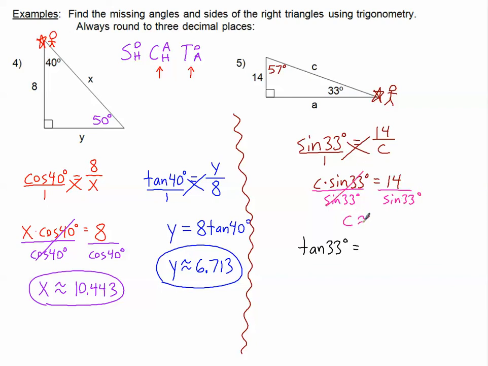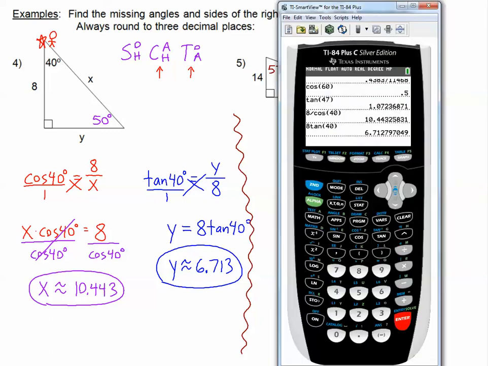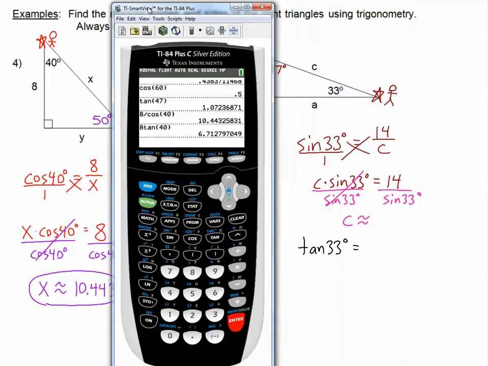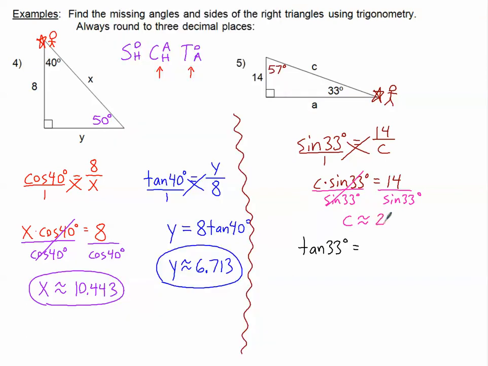And I will have C is approximately equal to whatever this is in our calculator. 14 divided by the sine of 33 degrees. Let's pull up the calc. And I have 14 divided by the sine of 33 degrees. 25.705.